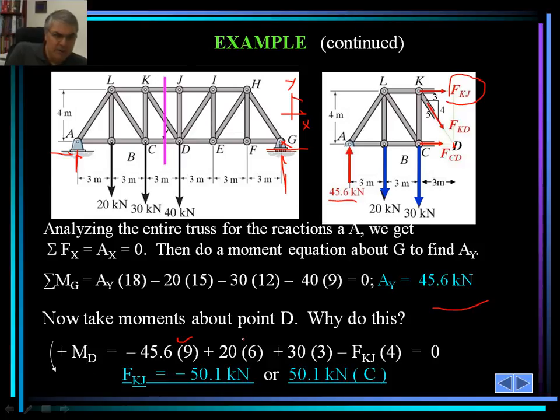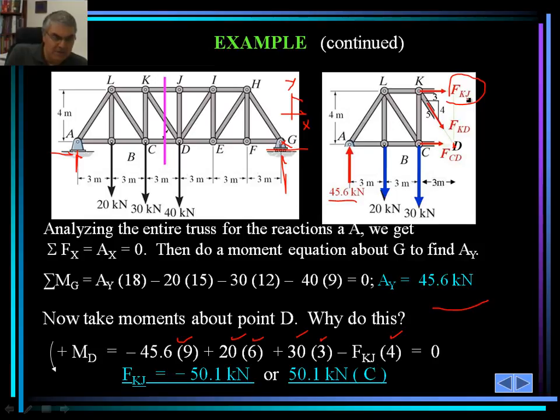Also, the 20 kilonewton and 30 kilonewton, they're acting downward. They're causing the counterclockwise moment, which would turn out to be positive. So we take into consideration the moment arms of 6, and for this other case of 30 kilonewton, the moment arm would be 3, and this is the unknown F sub kj multiplied by 4. That's the moment arm 4 meter.